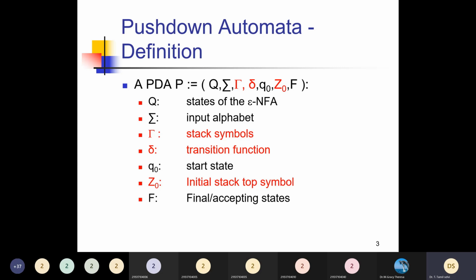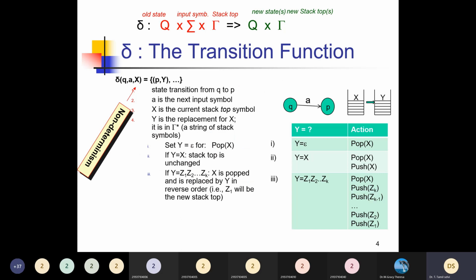So here in the transition function, we have one extra parameter, that is the third parameter. In finite automata, we are using the current state and current input symbol. Based on this current state and current input symbol, we decide the next state. But here you have to include the stack symbol.